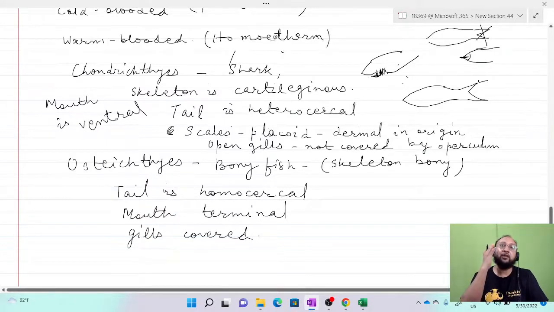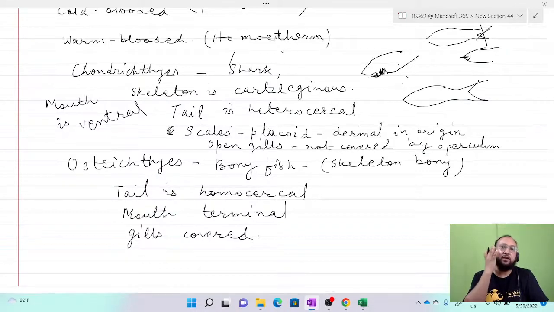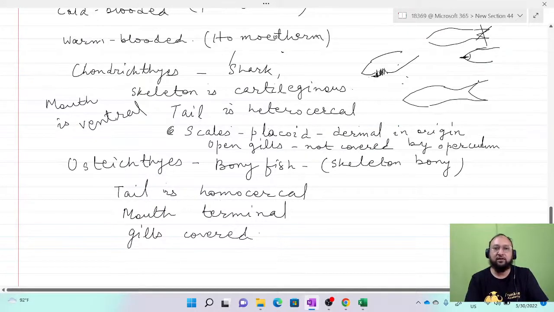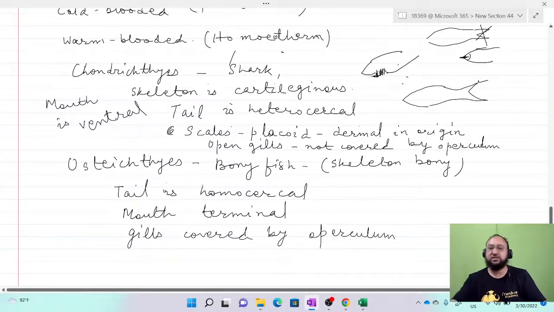We have observed in fishes there is a kind of covering on the gills that slightly opens and closes while they are swimming. That is called operculum. Gills covered by operculum. So these are the features of the osteichthyes.